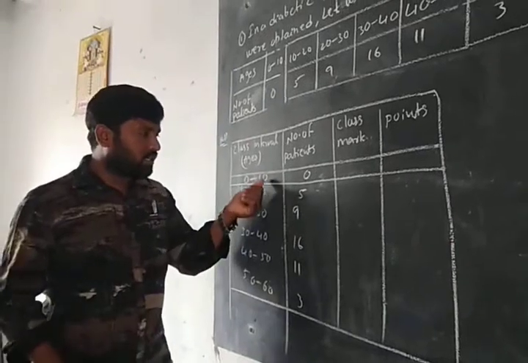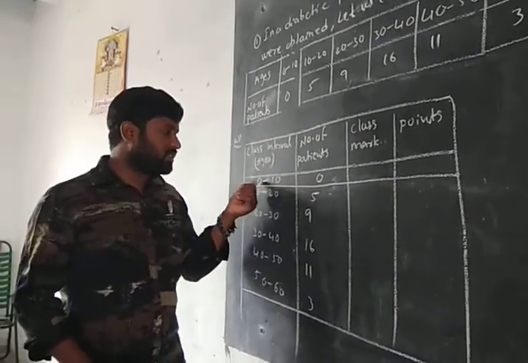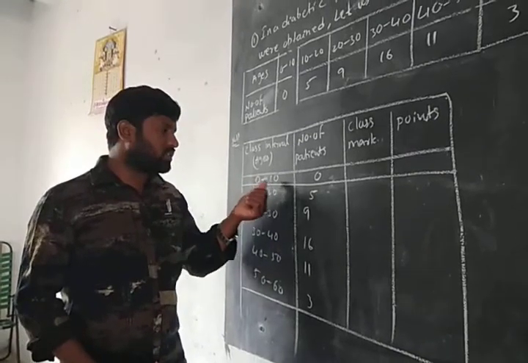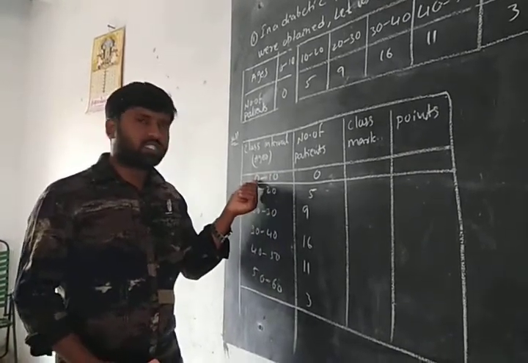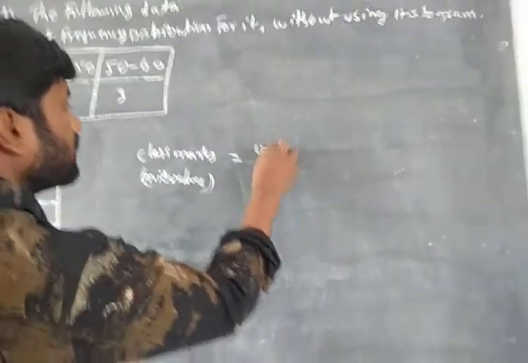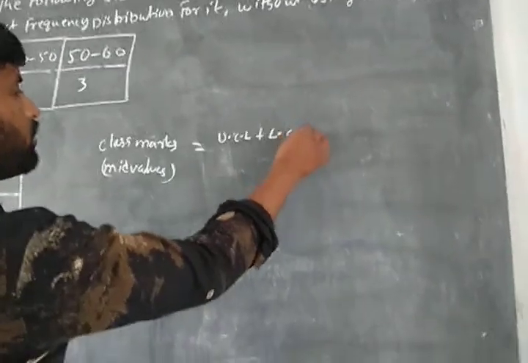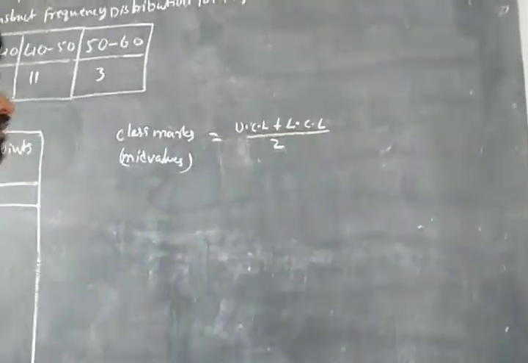We know this is the upper class limit and this is the lower class limit. So we can write class marks like this: upper class limit plus lower class limit by 2.